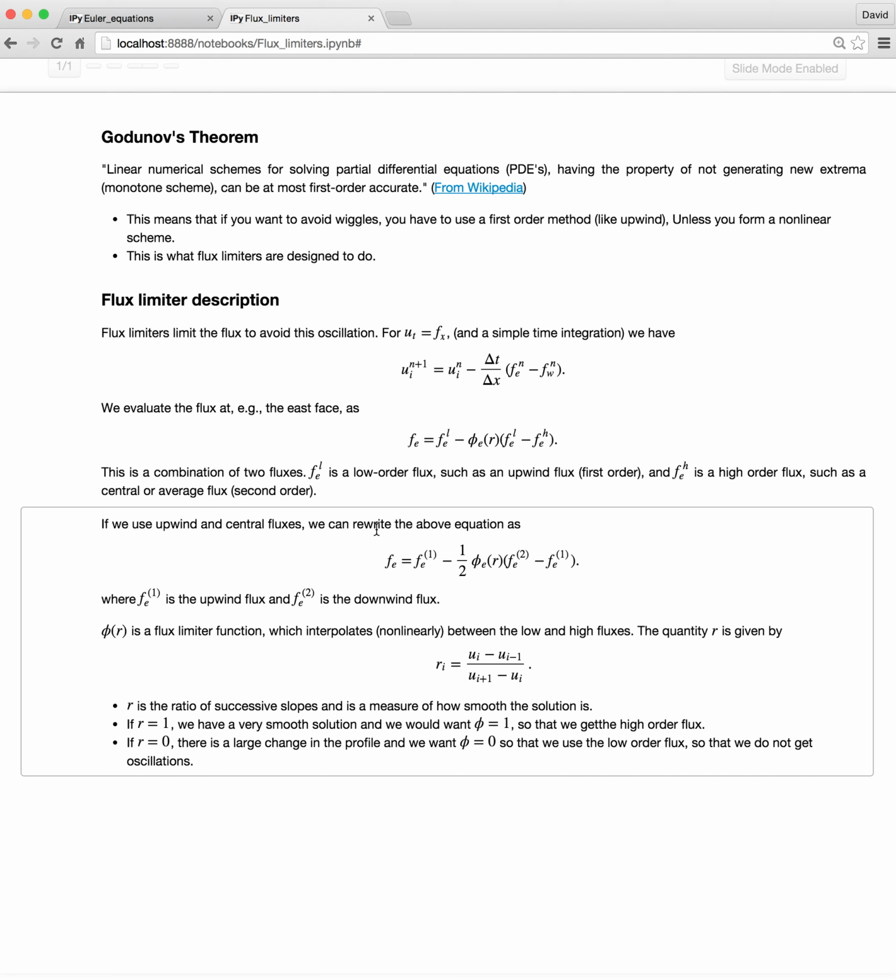Now, I didn't mention that if we use upwind for the low order method and a central difference, or rather averaging the two neighbors, to find the high order method, then this equation here can be rewritten as follows, where Fe1 would be an upwind flux and Fe2 would be a downwind flux. Phi is still the same function, and so you can rewrite it in a slightly different form.